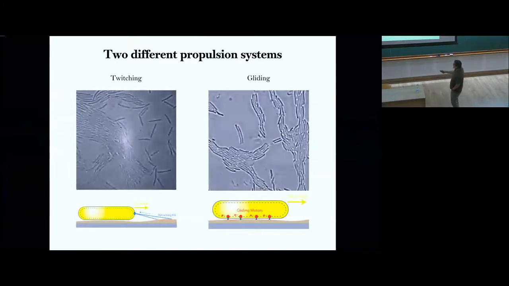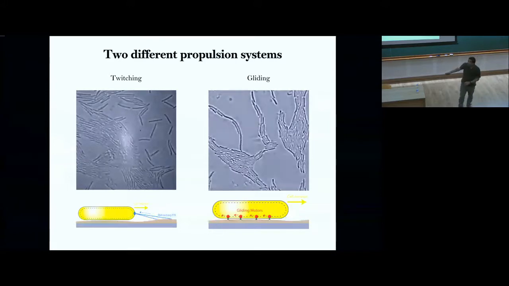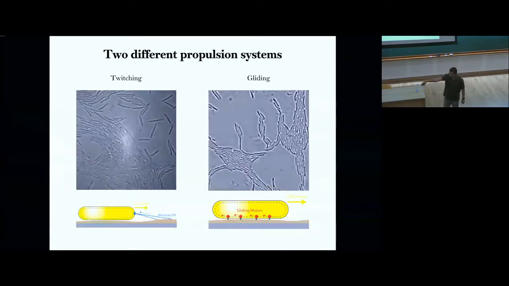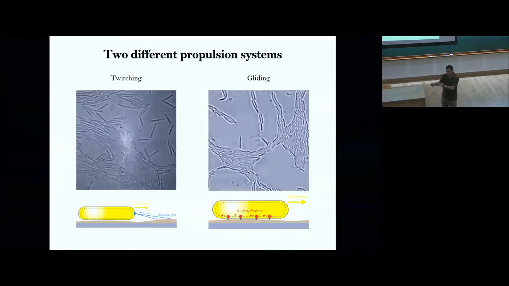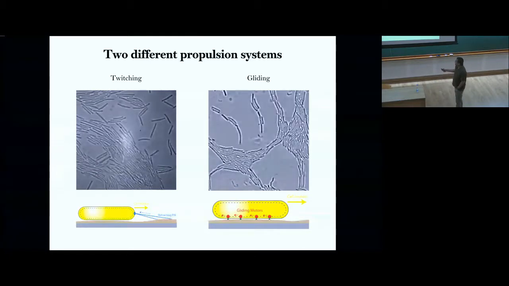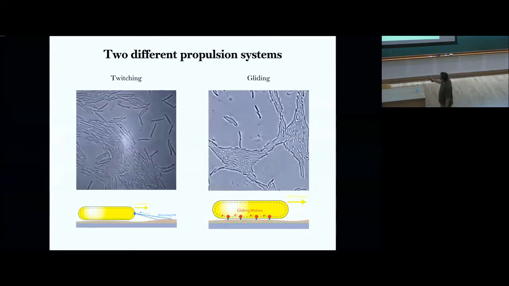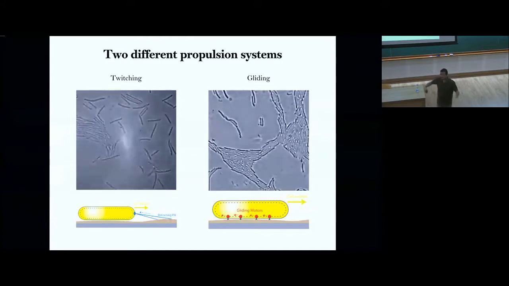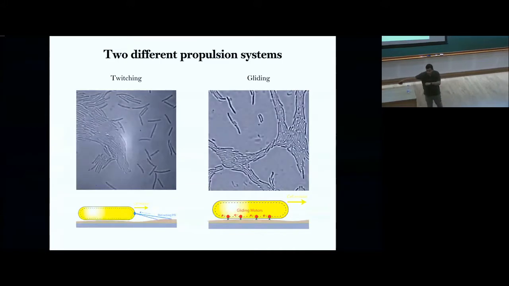That is because each individual cell is decorated by a lot of pili, and the cell throws out these pili and uses them as tenterhooks on the surface and pulls itself forward. In retracting these pili, it does this twitching motion, and a lot of cells in groups can attach to each other and use the pili to move in an entire group.